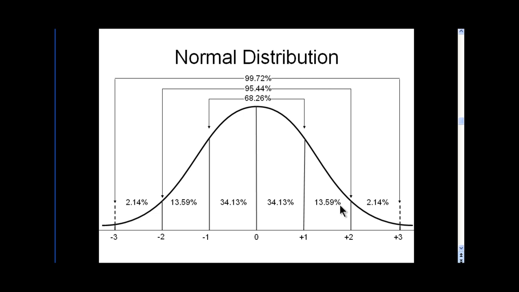Why? Because that value corresponds to that section of the distribution in order to represent 99% of all observations. So that's what a normal distribution looks like theoretically, and this is what the Z-scores correspond to in terms of each section of the standard deviations and the percentage of observations in those standard deviations.